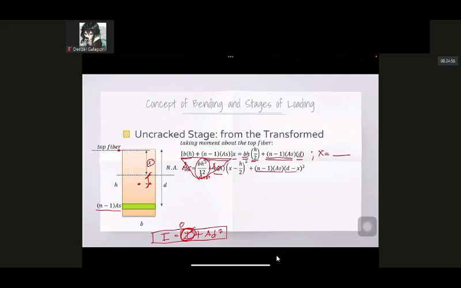So ano daw ito? Itong neutral axis to the steel. So this is D minus X, squared. So that is the moment of inertia about the neutral axis. After that, you can now solve for the concrete stress in compression.